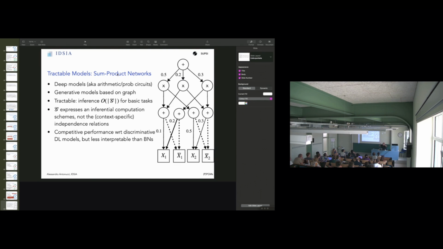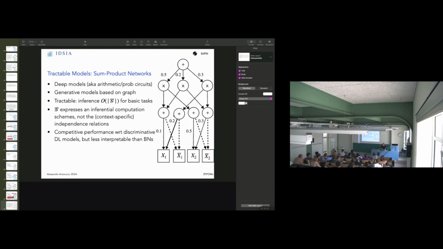It is a trade-off: Bayesian networks are more explainable, but less accurate. Neural networks are more accurate, but less explainable. And so people from my community started to think, what can we do to compete with neural networks? And they started to create deep graphical models with many layers.